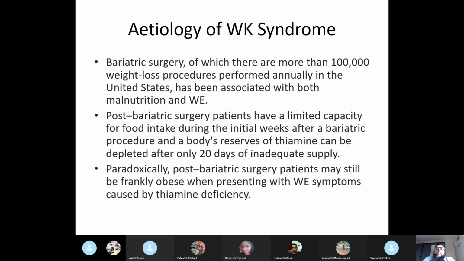So that's the post bariatric surgery. They have a limited capacity for food intake during the initial weeks, so you have to give them supplements, otherwise they will inevitably get Wernicke's encephalopathy, and they may be a kind of teetotal or pioneer.